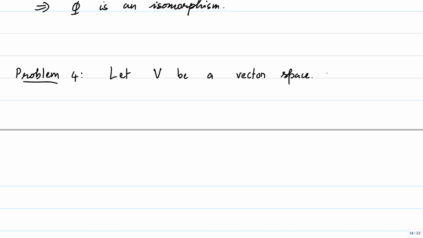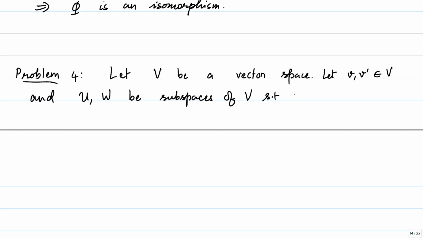So let V be a vector space, and let V, V prime be vectors in capital V, and U, W be subspaces of capital V such that V plus U is equal to V prime plus W. So the affine subset obtained by translating U by V is the same as the affine subset obtained by translating W by V prime.